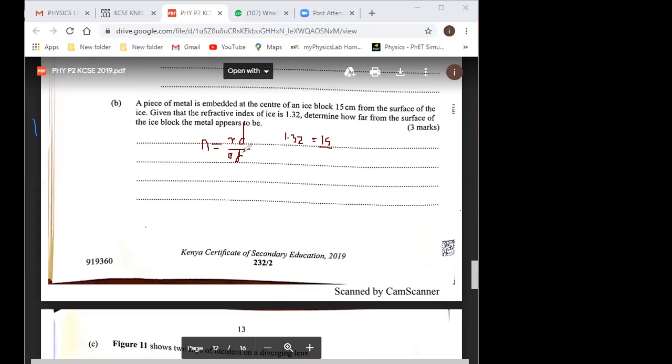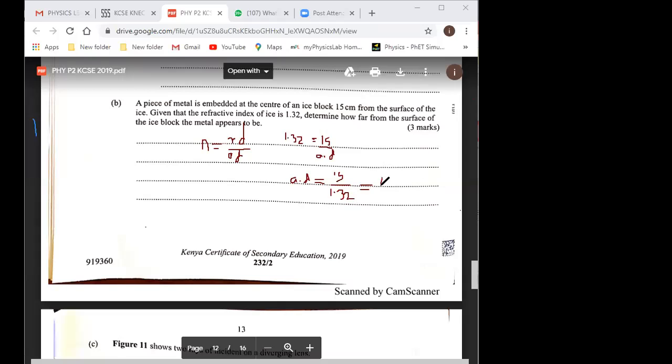It is equal to 15 centimeters over the apparent depth. This is the depth that appears to be, and actually the question is how far the surface of the ice block the metal appears to be. So this apparent depth is equal to 15 divided by 1.32, and I'm getting 11.36.